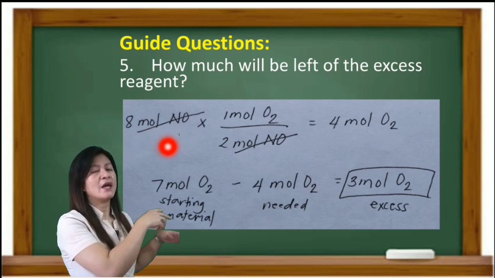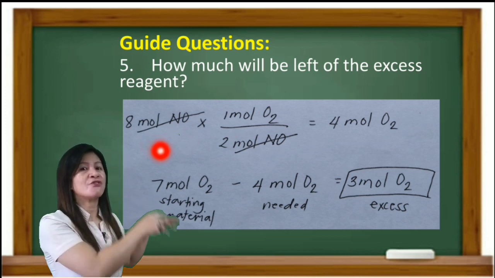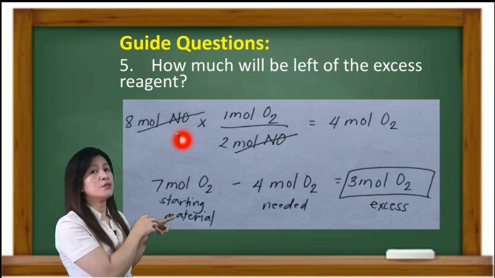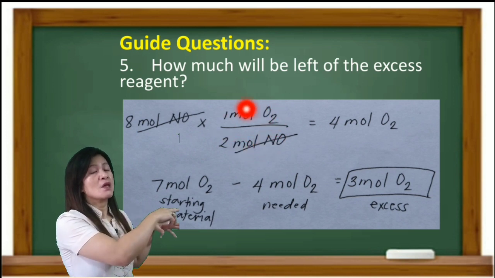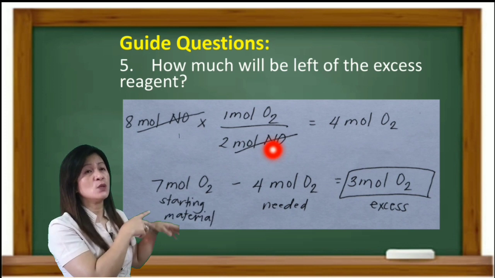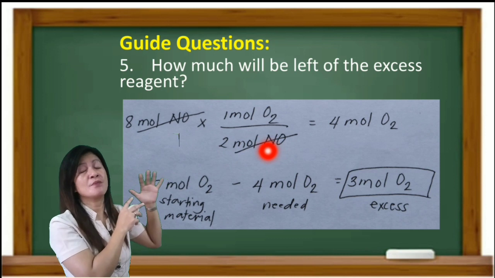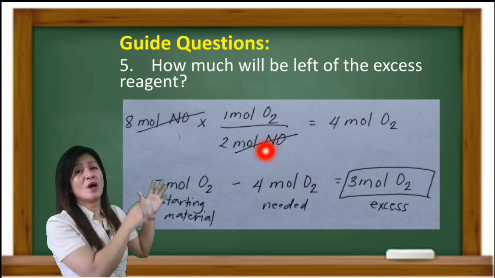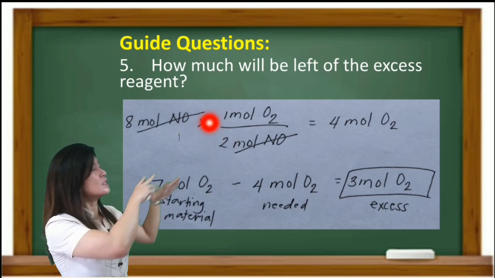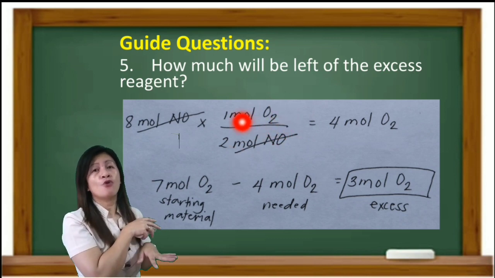You do a mole-to-mole calculation to get moles of oxygen from moles of nitrogen monoxide: 8 moles of nitrogen monoxide times the ratio 1 mole of oxygen gas over 2 moles of nitrogen monoxide, with the coefficients taken from the balanced equation. You cancel moles of nitrogen monoxide, and that gives you 4 moles of oxygen.